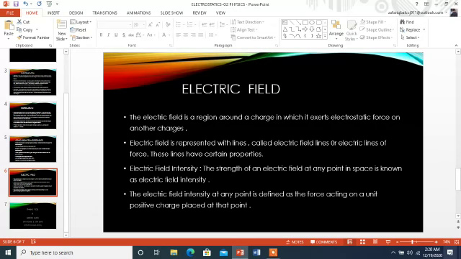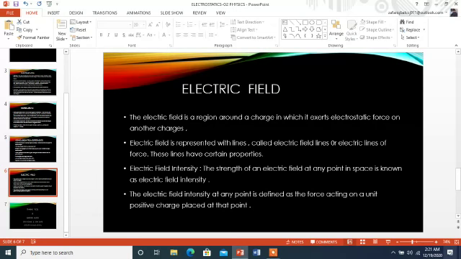Normally the test charge is of small value and the source charge is of large value. One has its field and the other experiences the force being exerted on it.